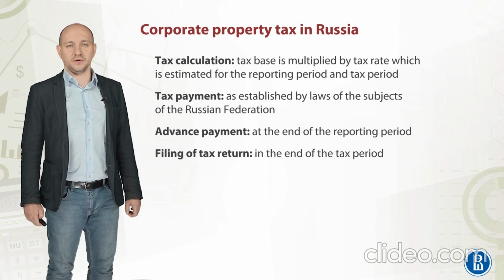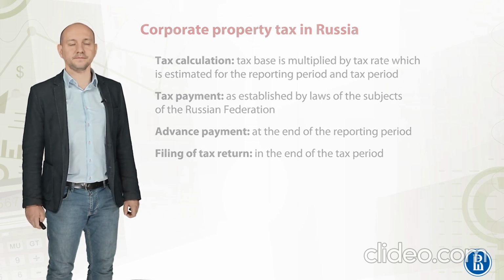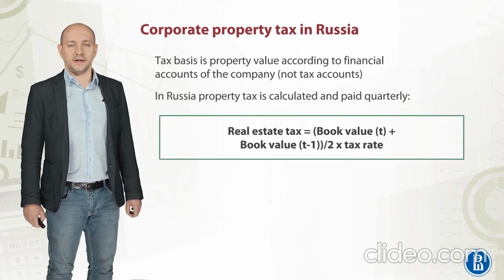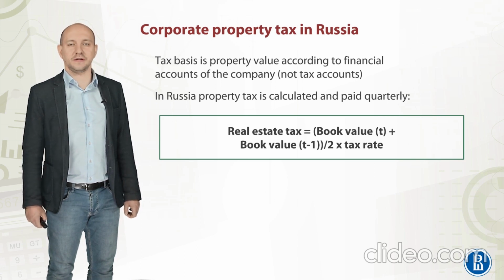Filing of the tax return is completed at the end of the tax period. And here we see how, for instance, real estate tax, property tax can be calculated on the basis of the tax code of the Russian Federation.